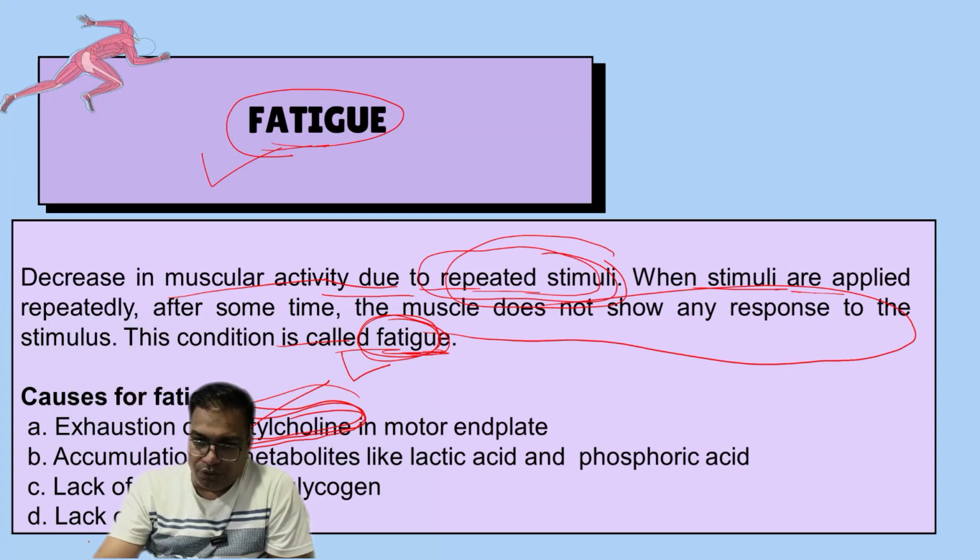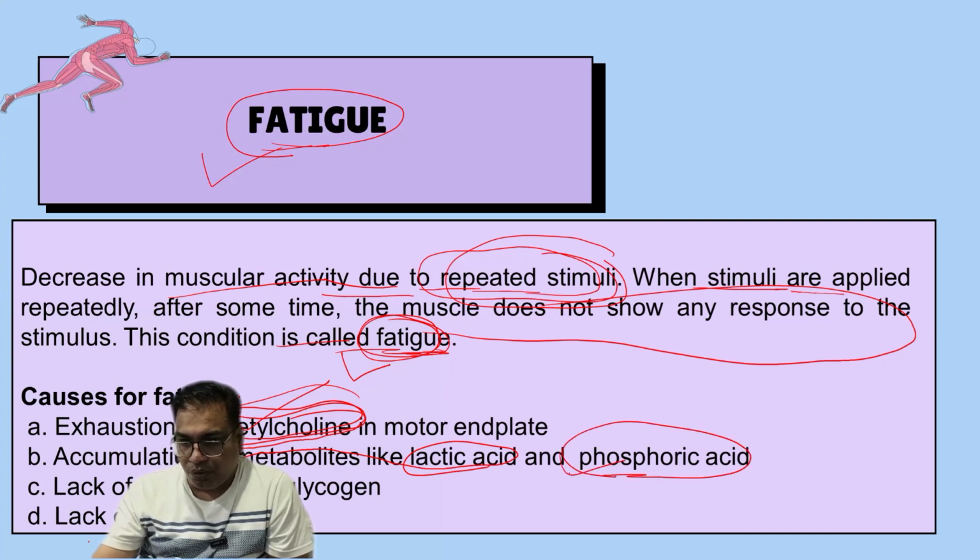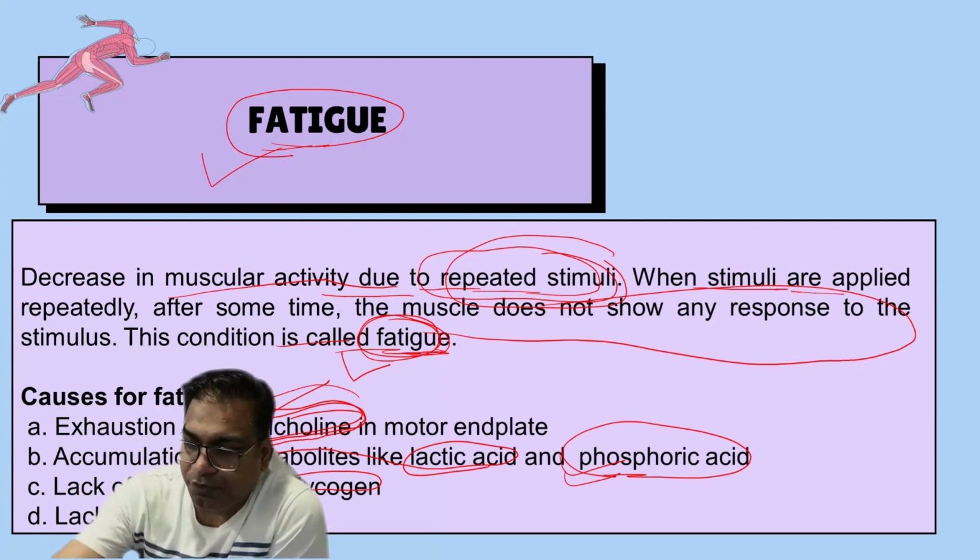Further, there is no availability of acetylcholine. That's why the muscle shows fatigue. Accumulation of various metabolites like lactic acid and phosphoric acid could also be the reason for fatigue. Lack of nutrients like glycogen, or lack of oxygen, are also reasons. These are the various causes responsible for fatigue.